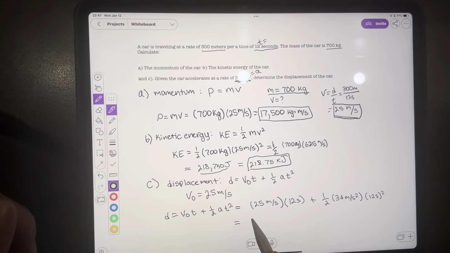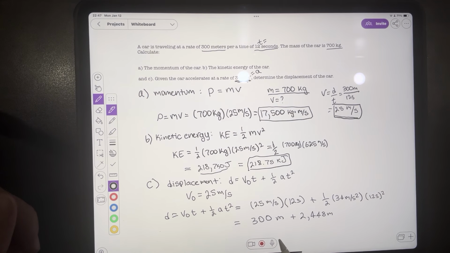If we plug that in, we would get 300 meters, because the s cancels out, plus if we multiply this, we get that 12 seconds squared, that's 144, times 34 times a half, that will give us 2,448 meters.